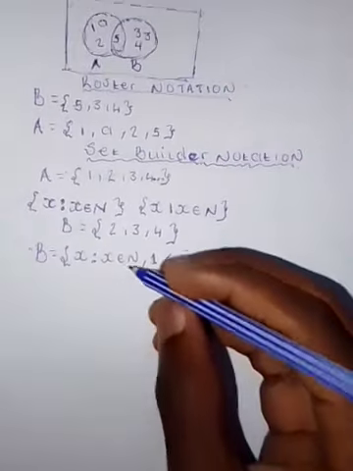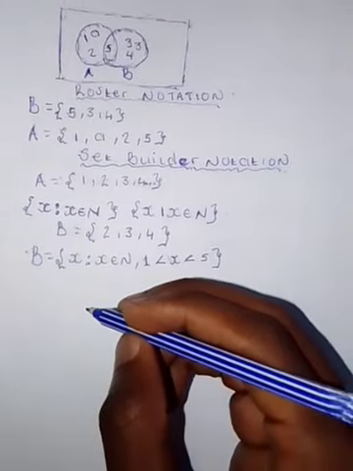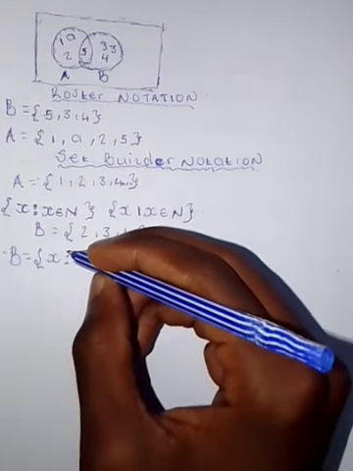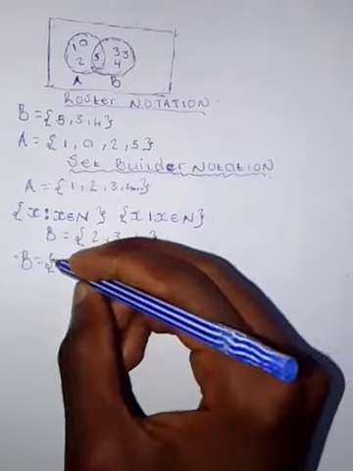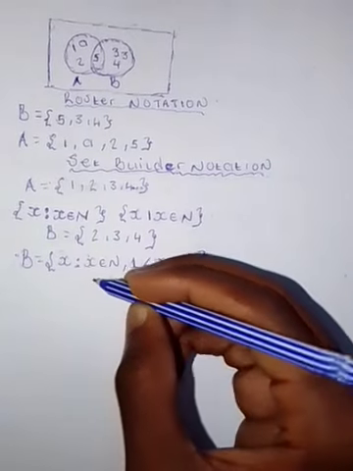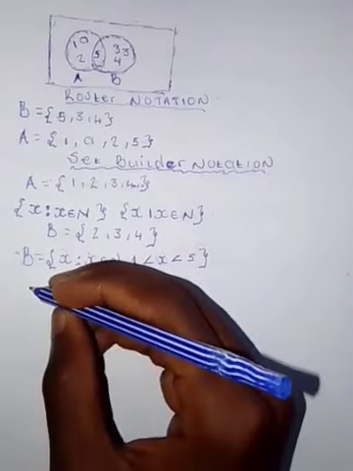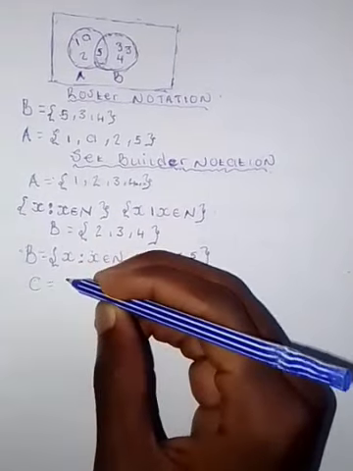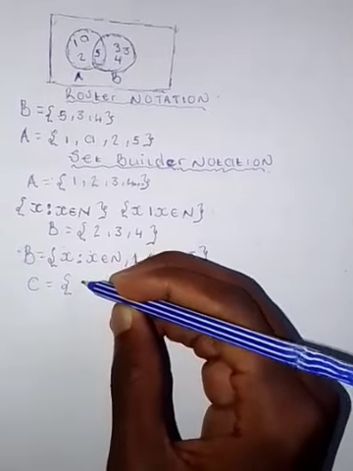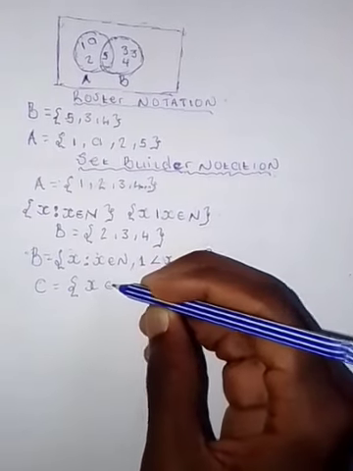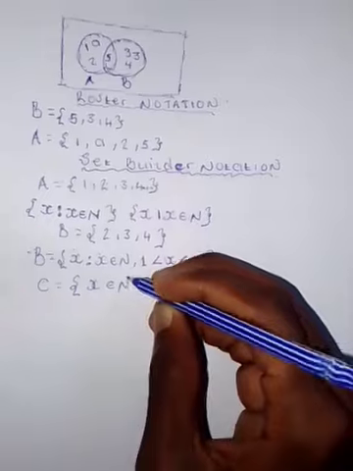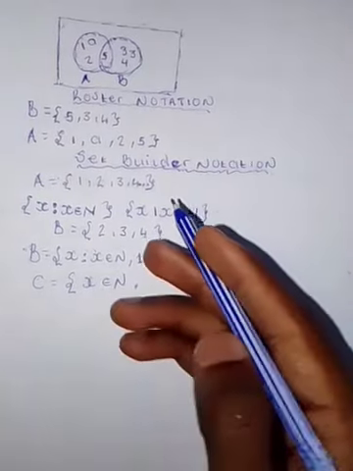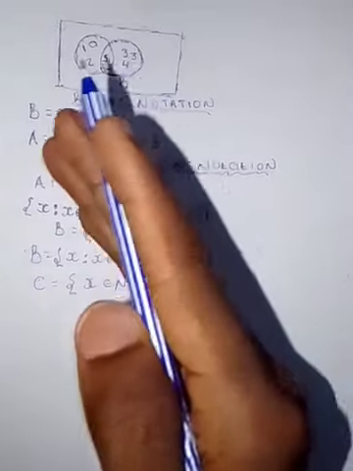Let's say a set C can also be represented like this, x being a member of natural numbers, and also put just a condition, because natural numbers start from maybe 1 going ahead, right?